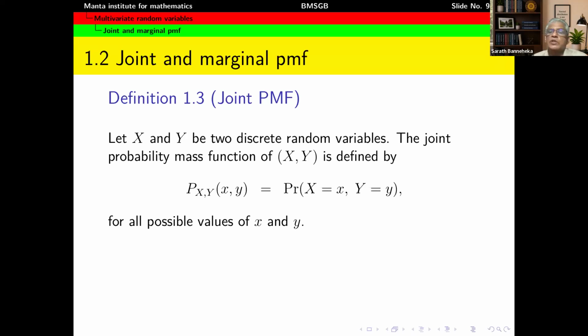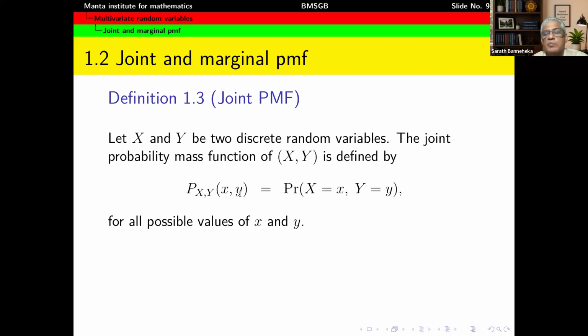So again, similar to the notation of the univariate case, the joint probability mass function of X and Y is denoted by p subscript X comma Y, and this whole thing is the joint probability mass function of X and Y evaluated at the point (x, y).